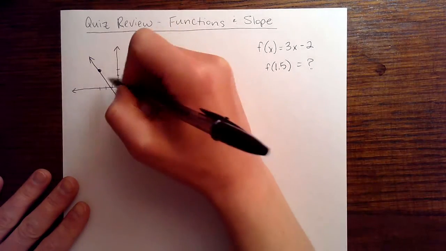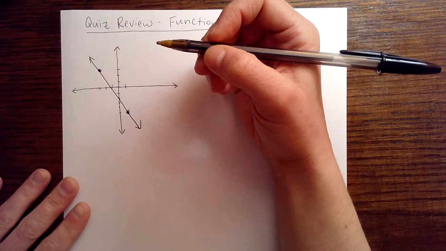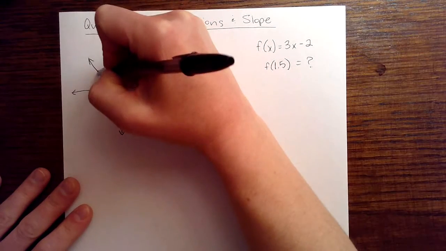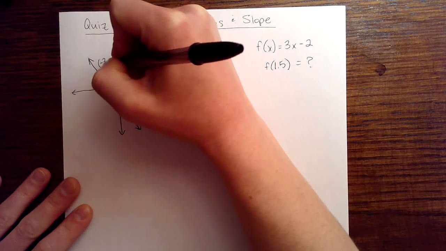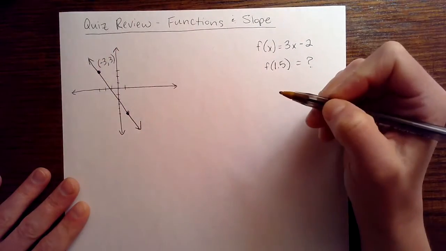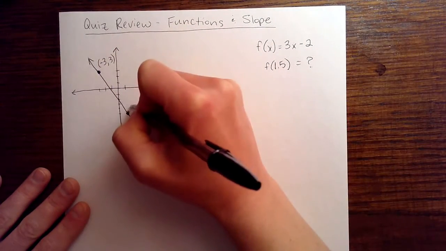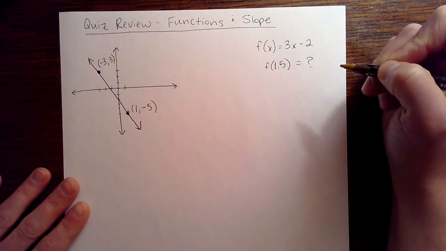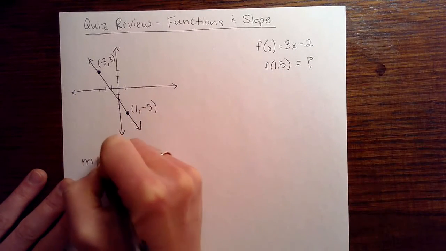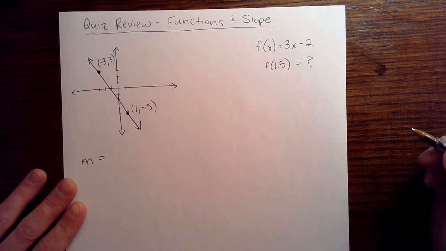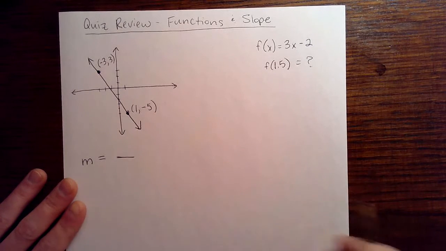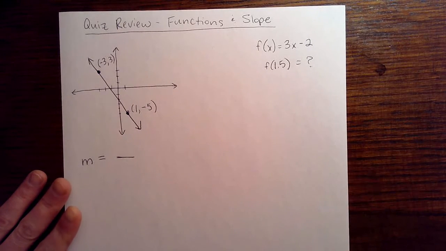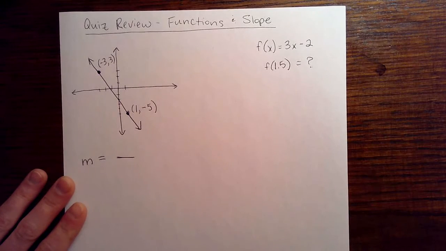You should have noticed that there were 2 points highlighted on the line. The first point was at -3, 3, and the second point at 1, -5. And so to find the slope, we remember that's m, we want to find the rise over the run. How far up or down, how far right.